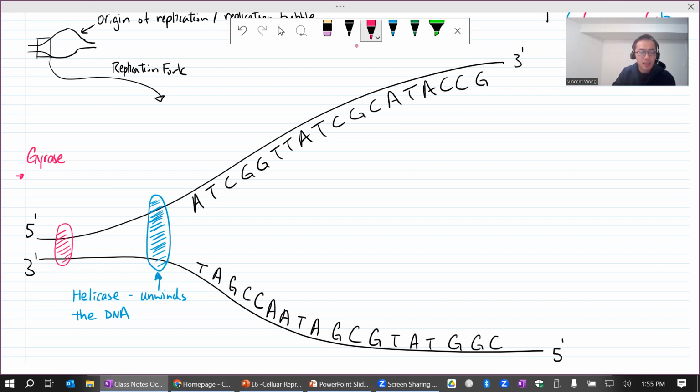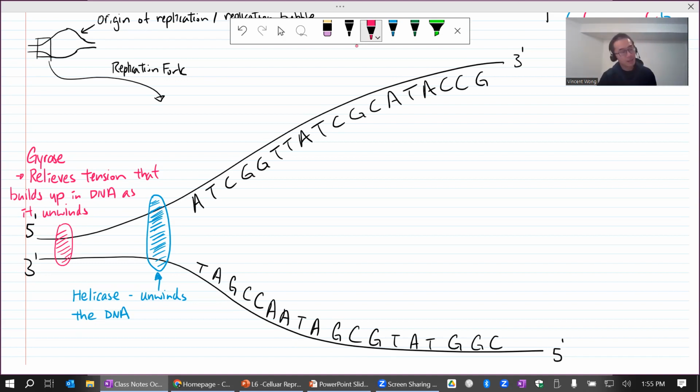The function of gyrase is to relieve tension that builds up in DNA as it unwinds. If we don't have the gyrase, your DNA might snap. And we all know that is bad news.